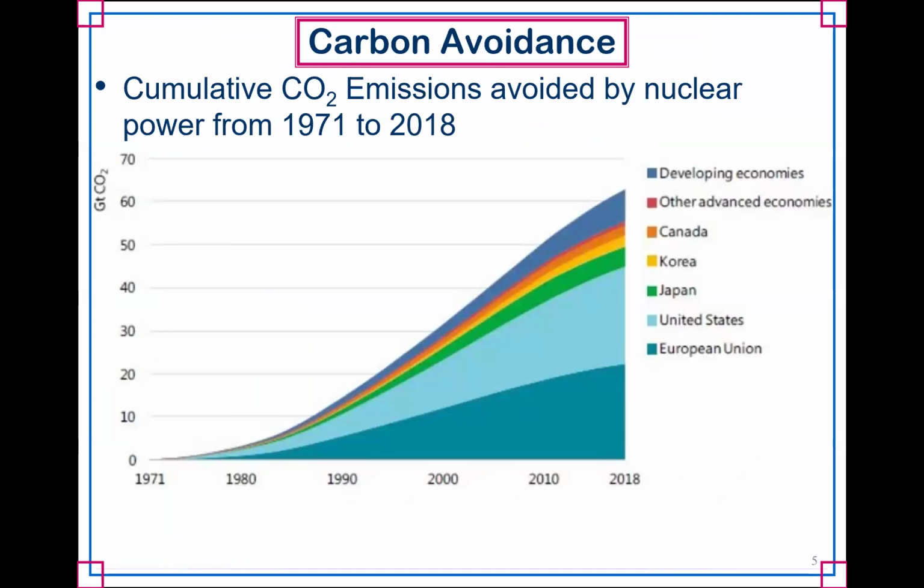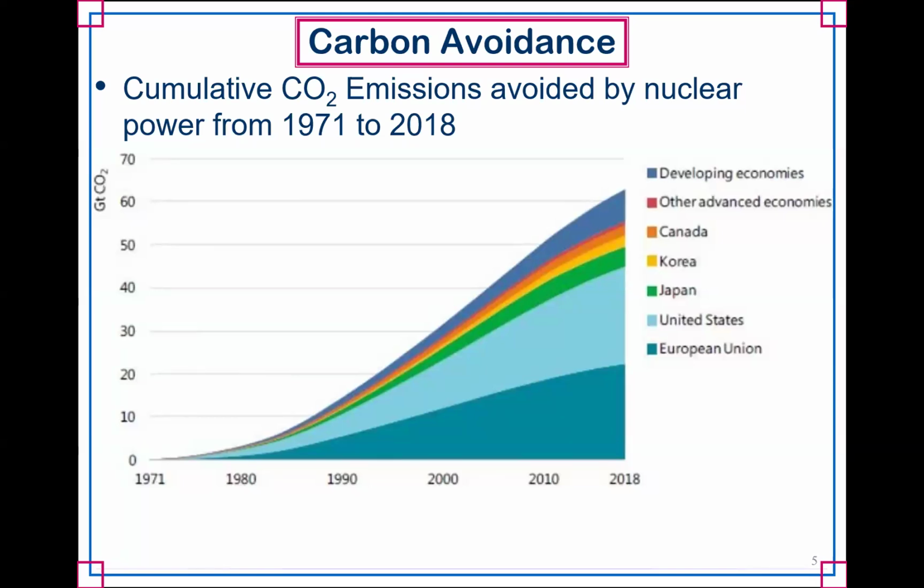Here's the amount of CO2 emissions that have been avoided. And again, this is difficult to find, but this is over almost a 40-year period. And you can see that gigatons of CO2 is the y-axis variable that you see here. And you can see the cumulative is over 60 gigatons of CO2. So that is the amount of emissions that have been avoided by using nuclear.